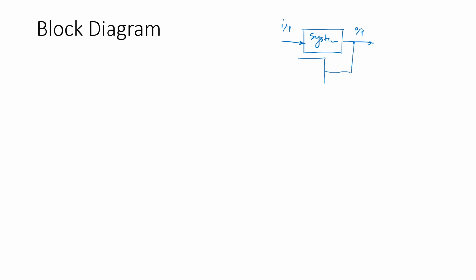So in that case, you may have some sort of a transformation of this feedback signal, and that is transformed back to a summing junction where you compare the signals. The comparison is going to be done with the reference signal. So this is generally done in a subtraction manner: reference minus the feedback that you get out of your sensor model. And then you provide the error signal to the controller generally.